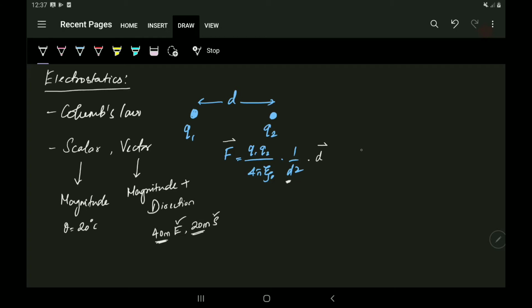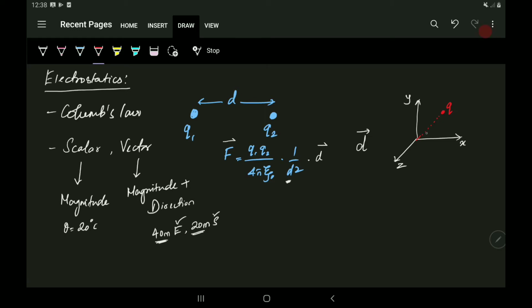And what is this d vector? How will you get this d vector? For example, if I take three axes, x, y, z, and the point of this object, the charge q, is somewhere here, then from the origin the radius will be somewhere here.